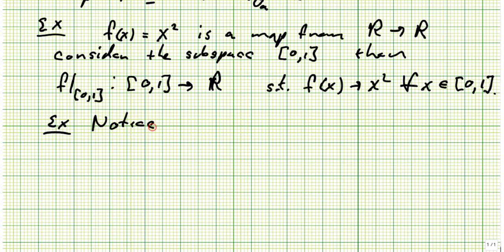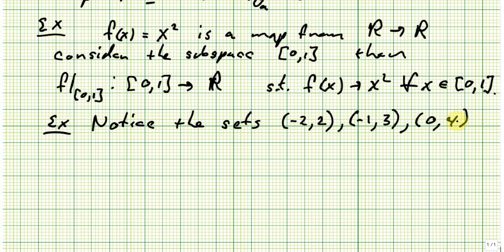Let's say the sets -2 to 2, -1 to 3, 0 to 4, and then continuing this pattern in each direction, cover all of R, right?